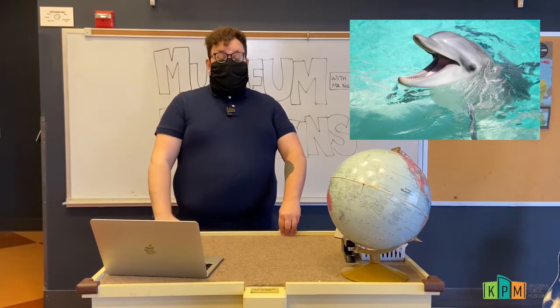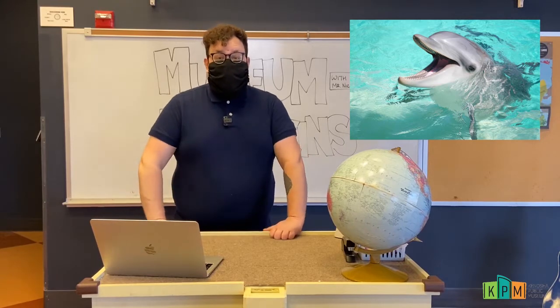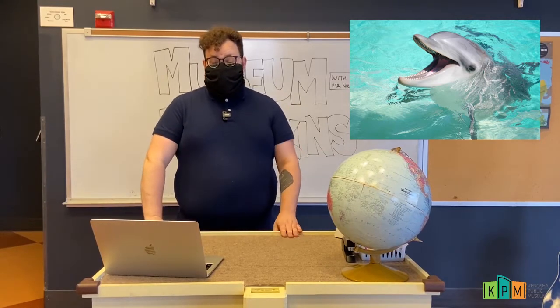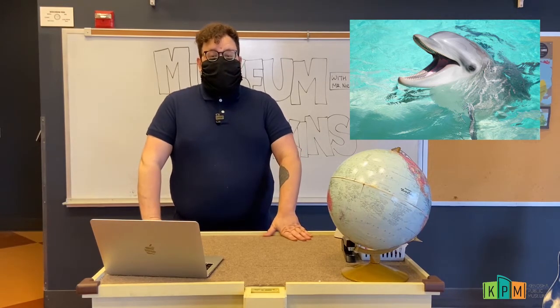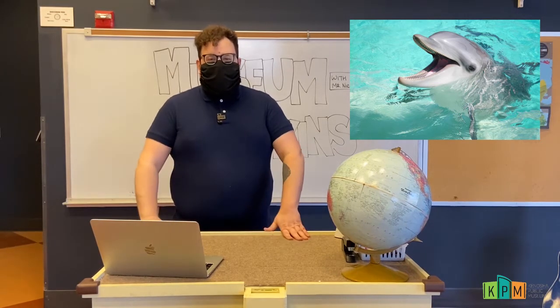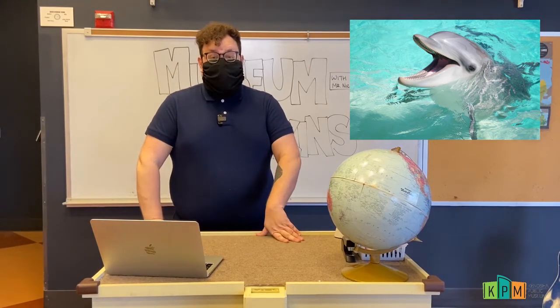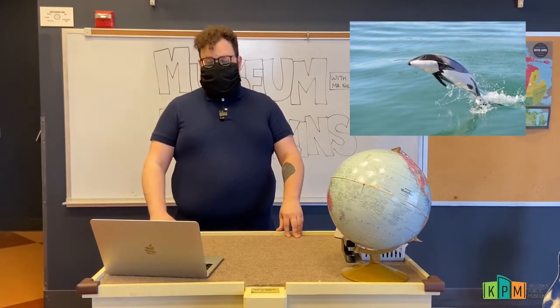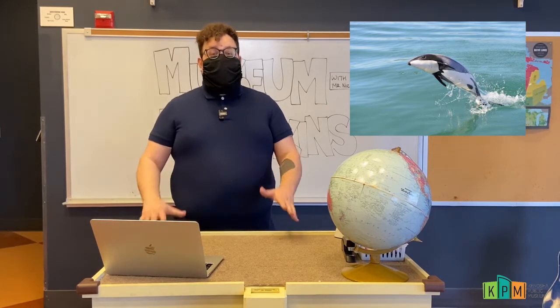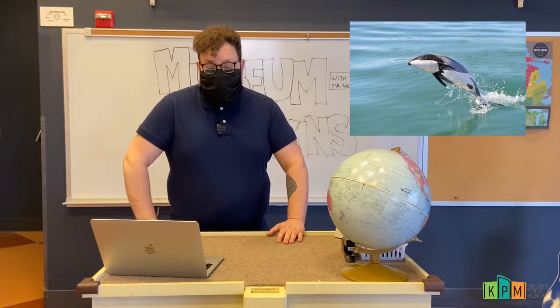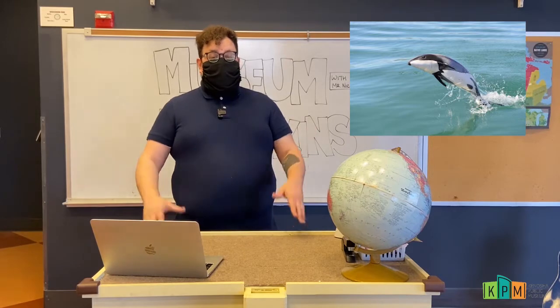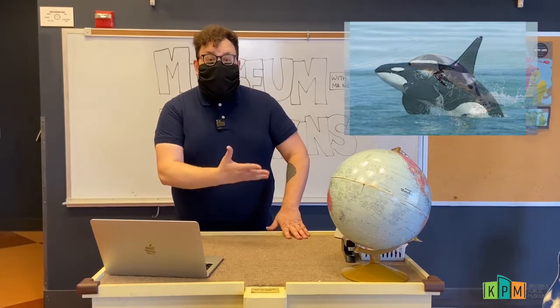But did you know that there are actually 40 different species of dolphin that live on our planet? They range in size from about 5.5 feet long, the Maui's dolphin, which lives down near New Zealand, all the way up to 31 feet long, the biggest dolphin, known as the orca.